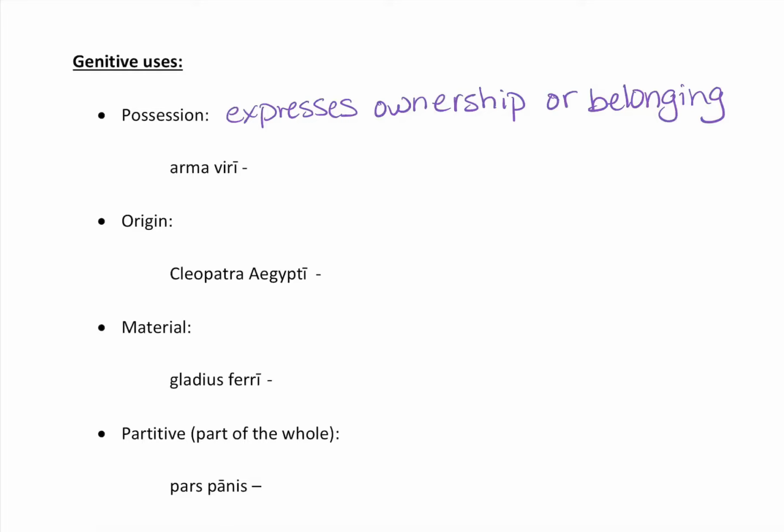So if we did arma viri, it'd be literally translated, because remember, we always use an "of," the arms of the man.